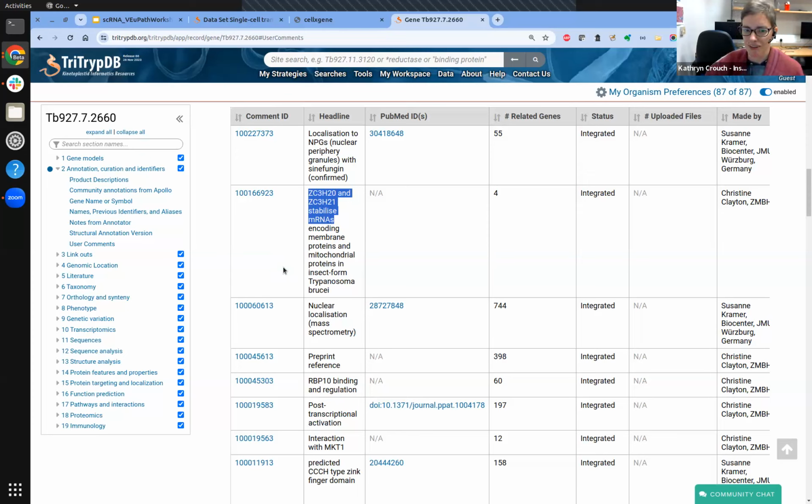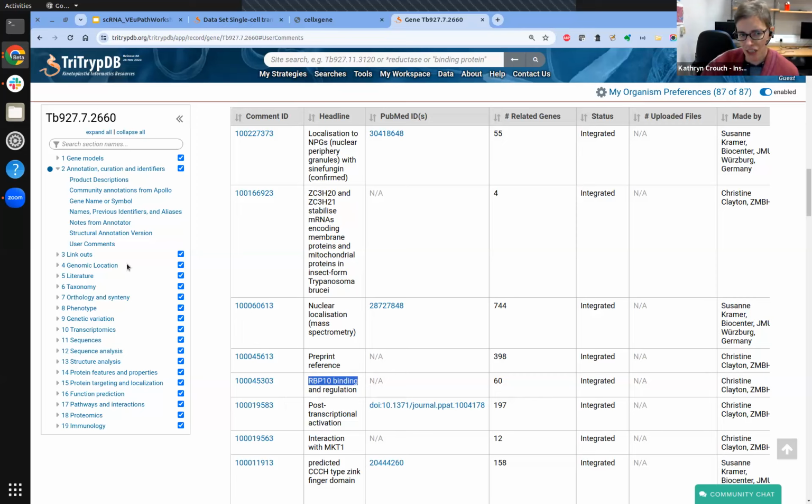The other thing that was interesting here is that it's also been described as binding to and regulating RNA binding protein 10. And RNA binding protein 10 has already been described at this point as being involved in this slender to stumpy transition. So just from this, it seemed like this zinc finger protein might be an intermediate factor between the quorum sensing mechanism and the actual regulation.